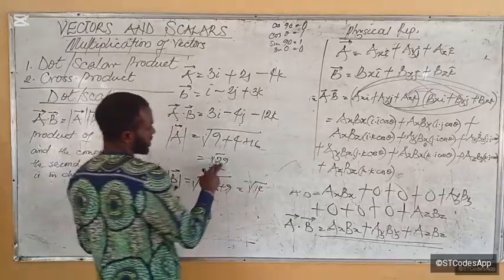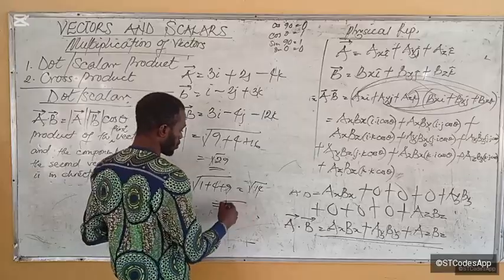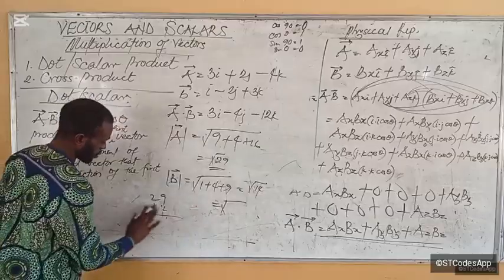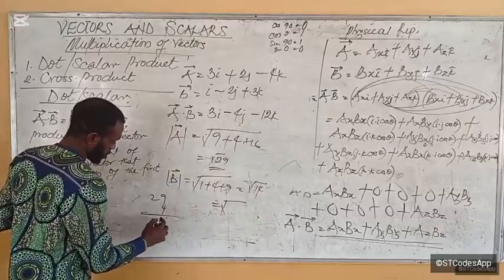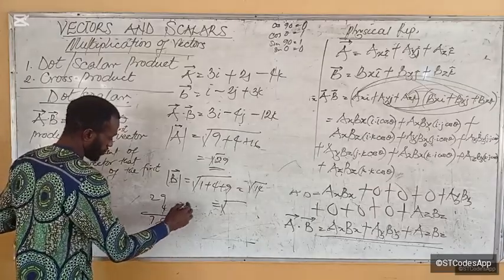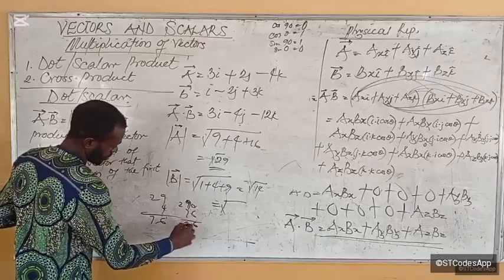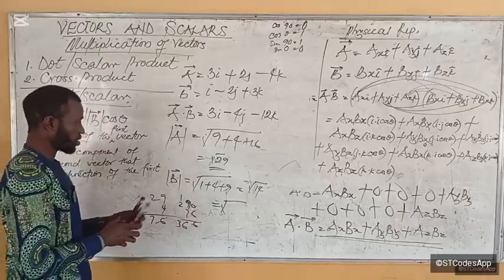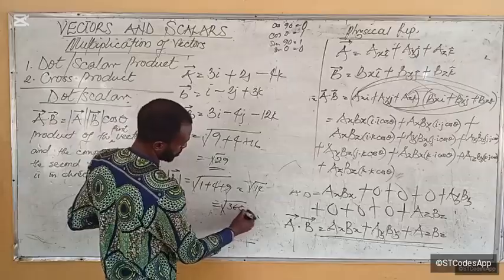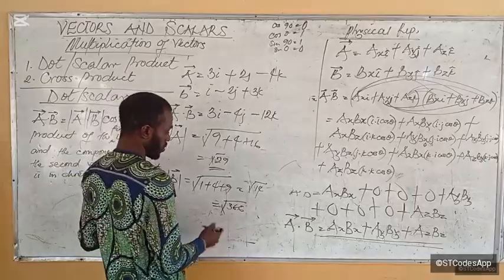So if we multiply this together, root 29 times root 14, that will give us root of 29 times 14, which gives us 366. So square root of 366. You can break this down further, of course, but let's leave it this way.